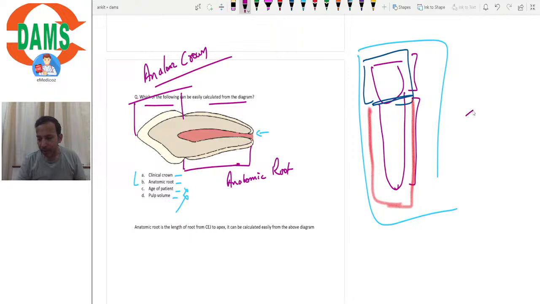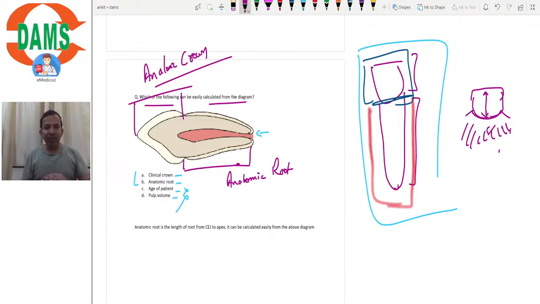So let's say the crown is still in the oral cavity, it is still in the mouth, still in the jaw, isn't it? And all you can see is the part of the tooth that is erupted in the oral cavity, isn't it? So whatever part is erupted or is seen in the oral cavity, that is clinical crown.